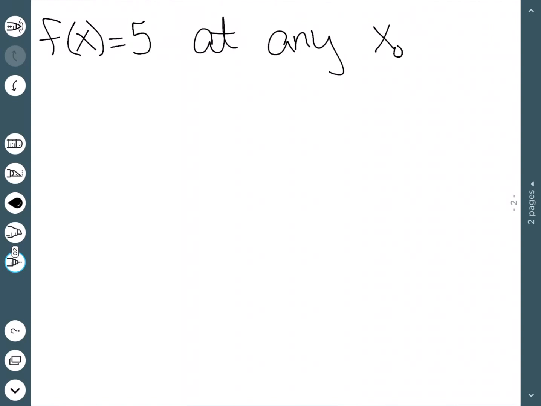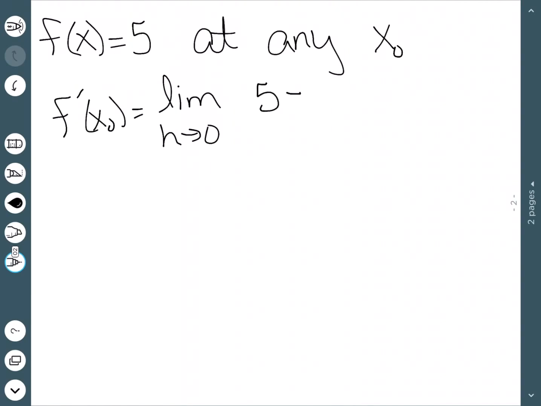Our first example is the function f of x equal to 5 for any value of x0. So we want to find our derivative. We have the limit as h approaches 0, and then we have f of x0 plus h. Our function is 5 regardless of what x is, so on the top we just have a 5 minus f of x0, which is 5, all over h.